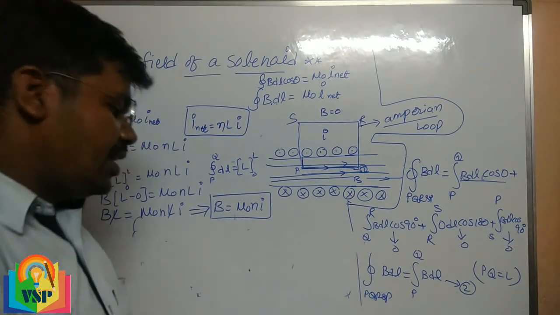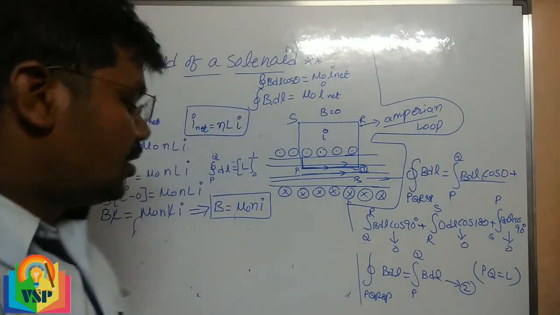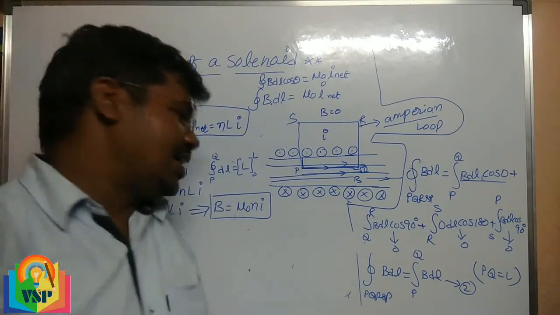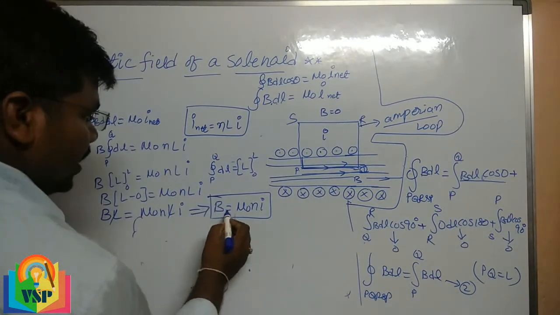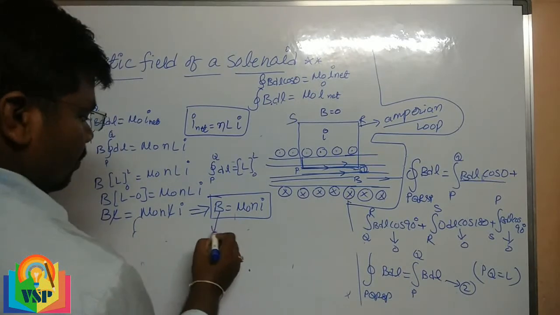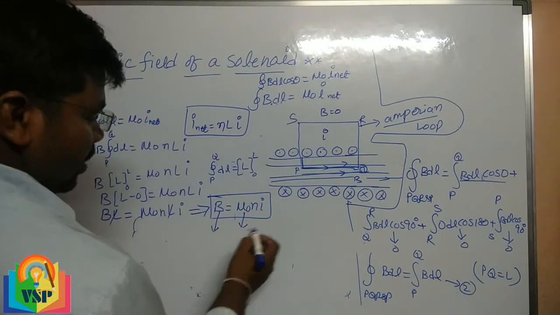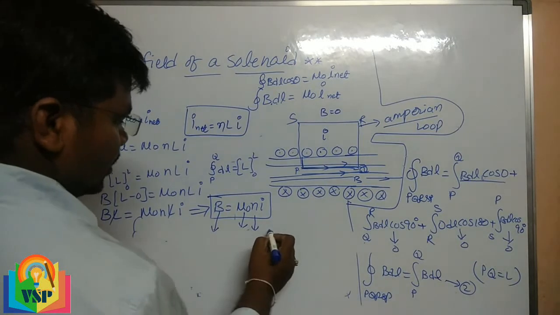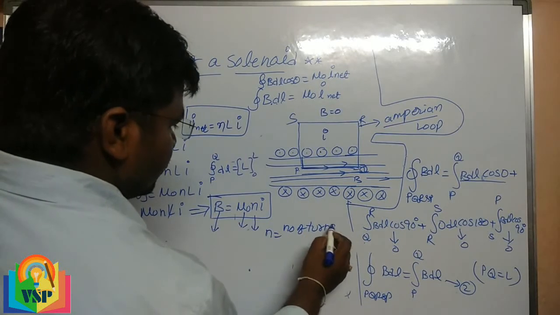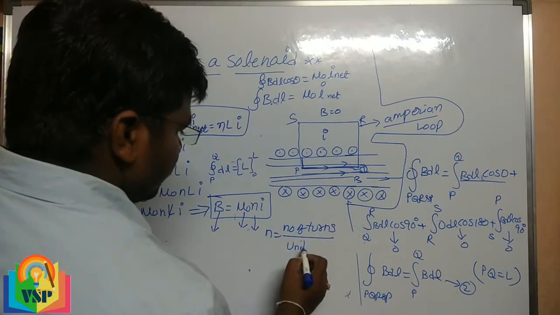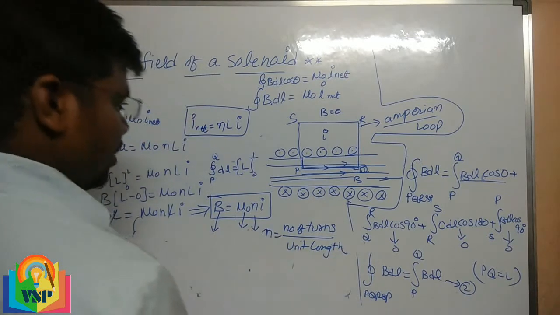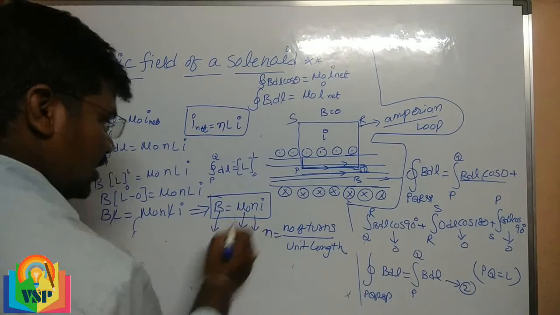So finally, the magnitude of magnetic field of a solenoid is given by B is equal to mu naught N I. We know that B is magnetic field, mu naught is permeability, N is number of turns per unit length, and I means current. So this is in vacuum.